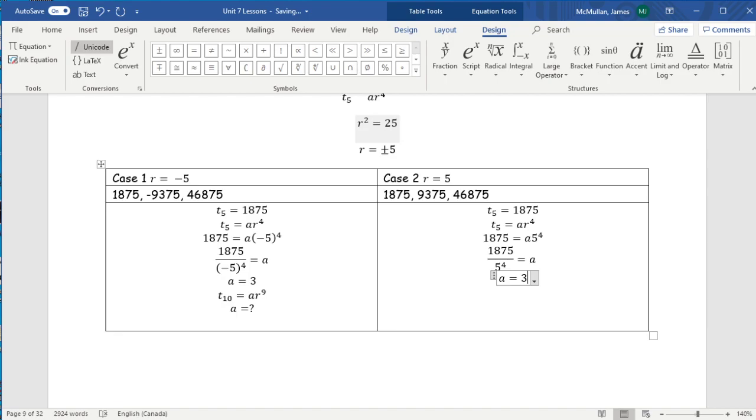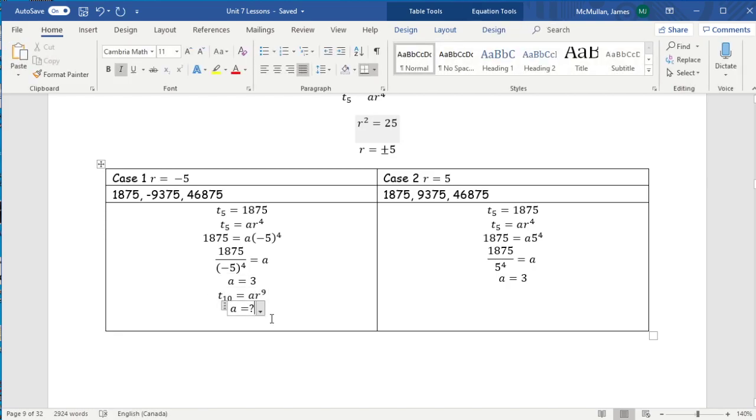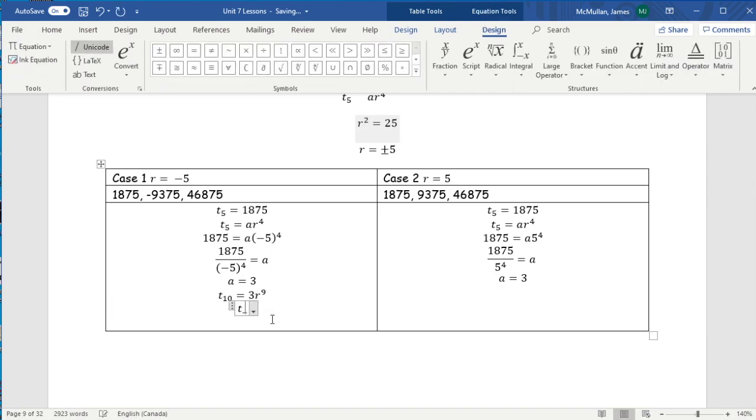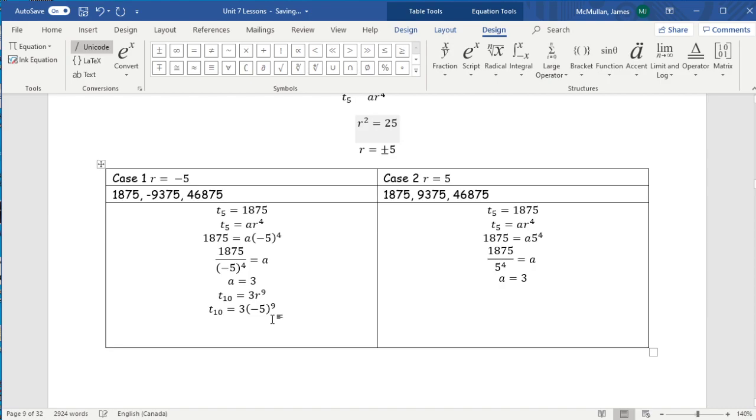So it would be the same, the A doesn't change, right? Where the sequence starts doesn't change. Okay, so let's go back here. So term 10 would be 3 times R to the 9. Term 10 would be 3 times negative 5 to the 9.